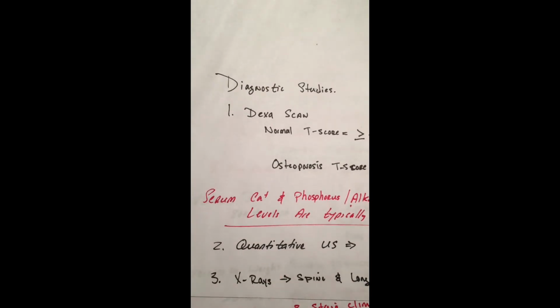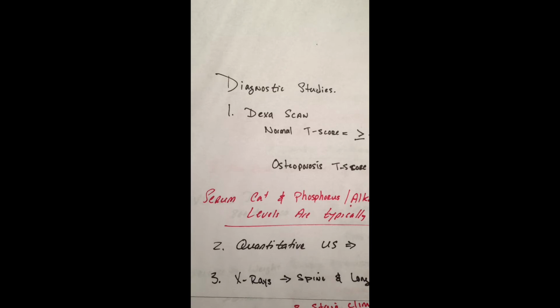You can do X-rays of the spine and long bones, but until there is severe bone loss or severe bone weakening, you're not going to notice that there's osteoporosis present. Therefore, the best thing that can be done for the patient is a DEXA scan. And again, unfortunately, the DEXA scan only serves to show that, yes, there is osteoporosis present. It doesn't really help prevent it.